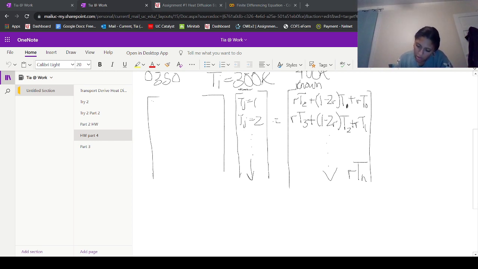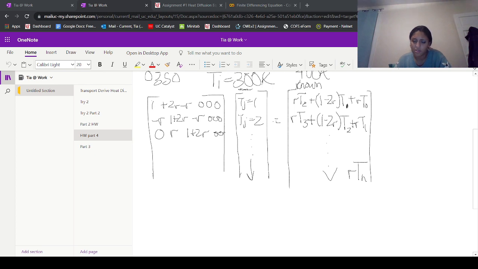Okay, so you get 1 plus 2R, minus R, and then you have these zeros in the matrix, and then you get negative R, then 1 plus 2R, then negative R, and then zeros, like it's a matrix.